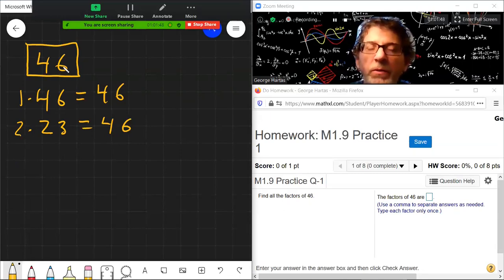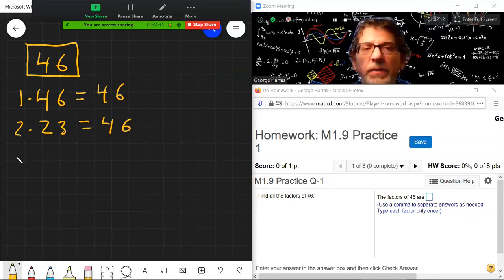Does 4 divide into 46? Well, let's see. You think of the multiplication tables, right? 4 times 10 is 40. 4 times 11 is 44. 4 times 12 is 48. Nope.